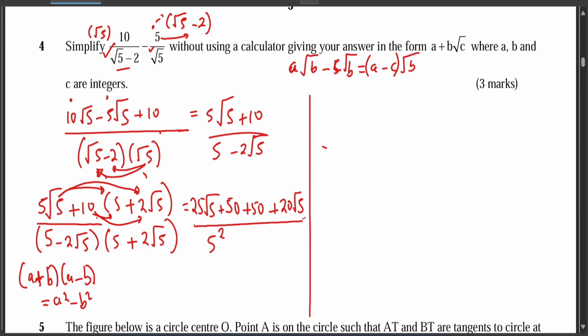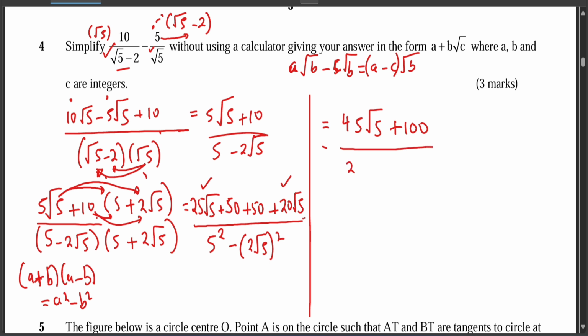So you take 5 squared because your a is 5, and then you take minus 2 root 5 squared, that's your b squared. So you collect like terms for the upper region. 25 root 5 plus 20 root 5 is just 25 plus 20, which gives you 45 root 5. Don't add those roots. And 50 plus 50 automatically gives you 100 over.